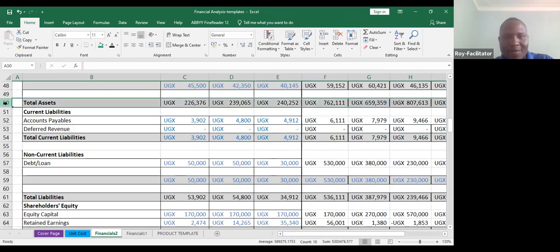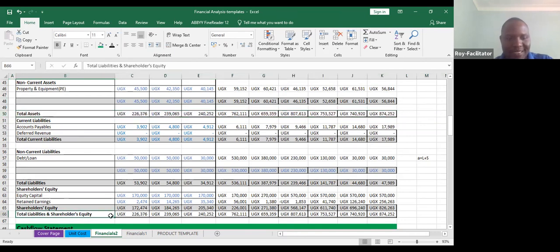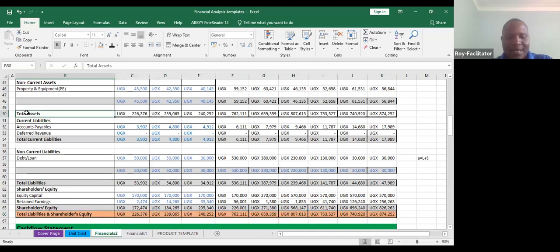And we can pat ourselves on the back if it is balancing. I have just reduced so that we can see at once. So this one and this one should balance. Let me just make them a different color. And as you can see, they balance. Yep. And they balance.